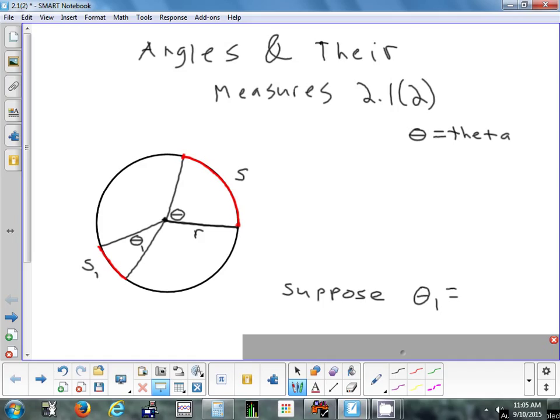Do you remember what the size of that angle was? That's the key part. If you have your notes, take a look back and see what we said here. 1, exactly.